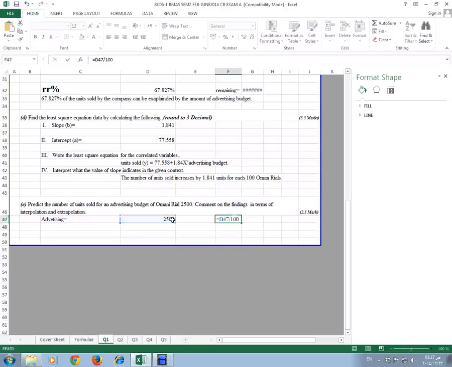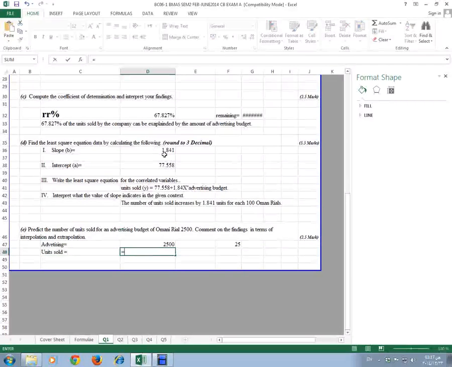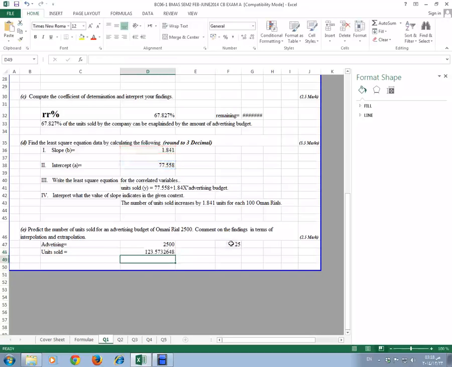Now we can calculate the units sold, which equals a plus b multiplied by 25.